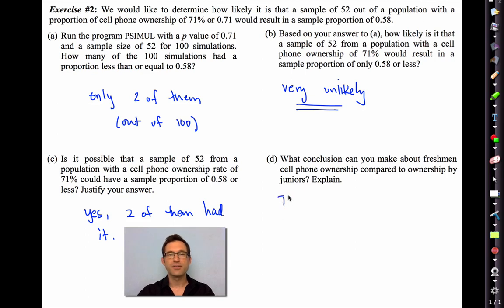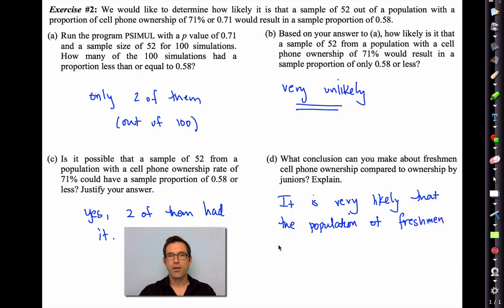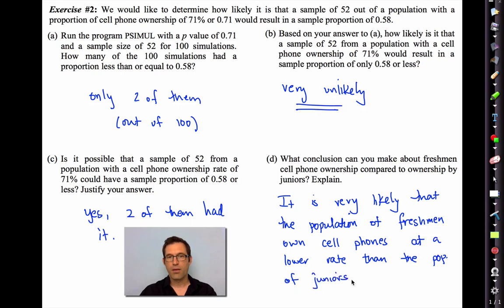What you can say is, it is very likely that the population of freshmen own cell phones at a lower rate than the population of juniors.